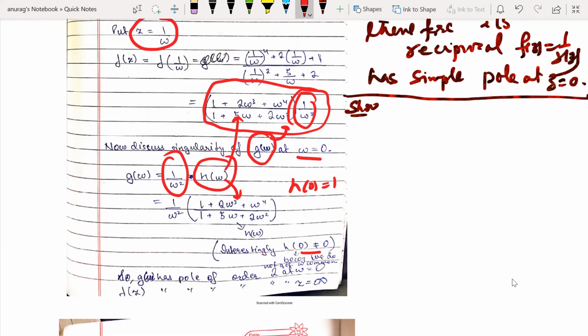Therefore this term is not creating any problem. Only this principal part is creating the problem. So g(w) has a pole of order 2 at w equal to 0. Therefore f(z), when you replace z equal to 1 by w, has a pole of order 2 at z equal to infinity. So pole of order 2, not simple. Simple is when the order is 1 only.